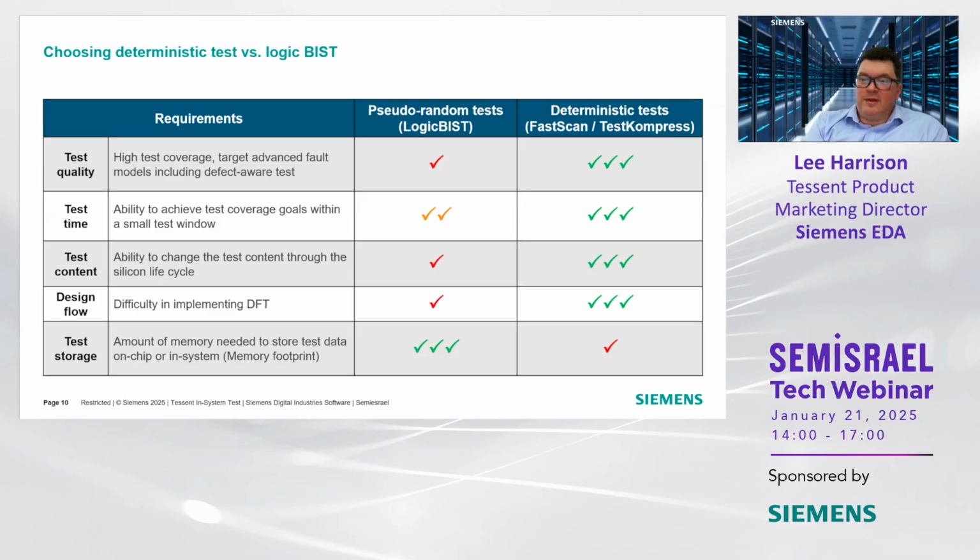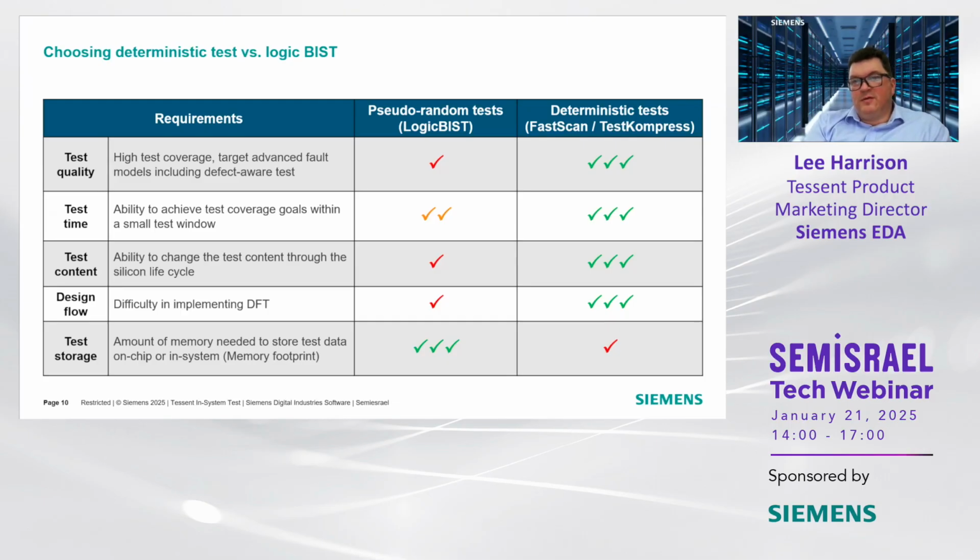The only challenge we have with the in-system deterministic test is we need to provide the actual test pattern data. So this has to be stored somewhere within the system, whether it's on chip or off chip on an external memory, and then streamed into the chip. We do need memory capacity to be able to store that test pattern content.